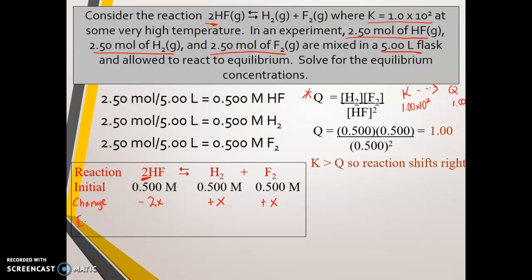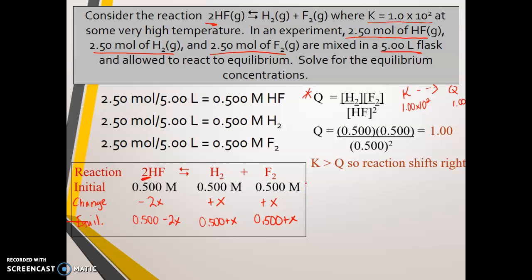And then at equilibrium, this is going to be 0.500 minus 2x, and this is going to be 0.500 plus x, and this is also going to be 0.500 plus x.